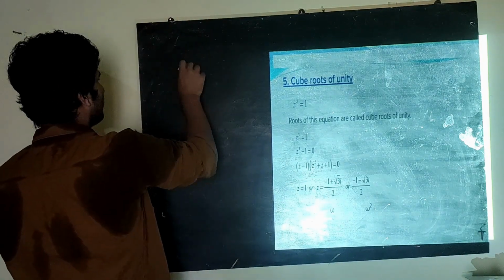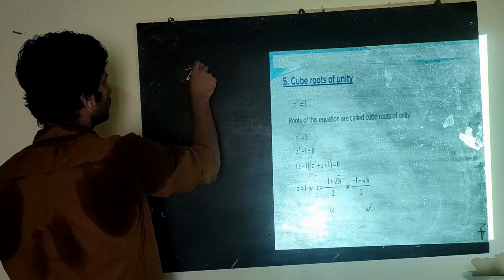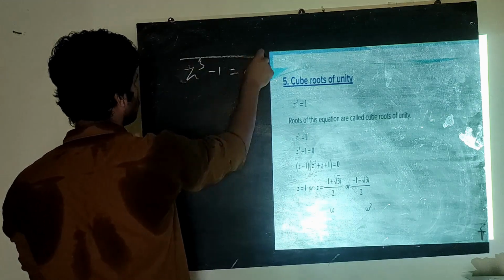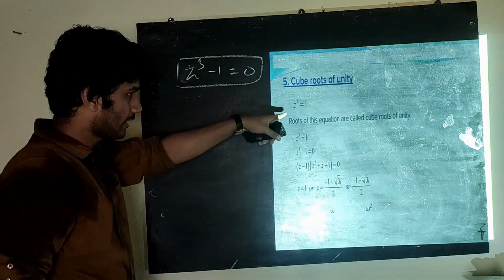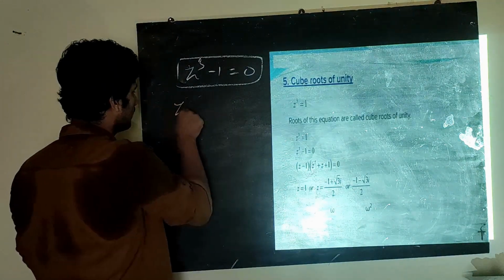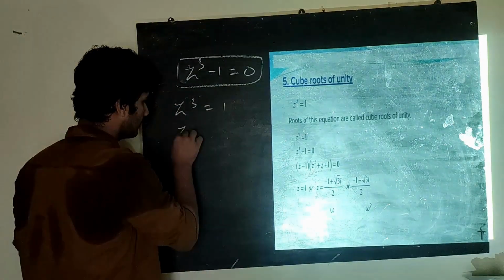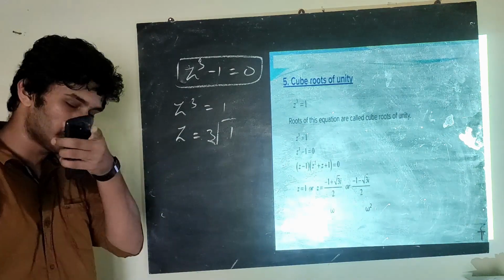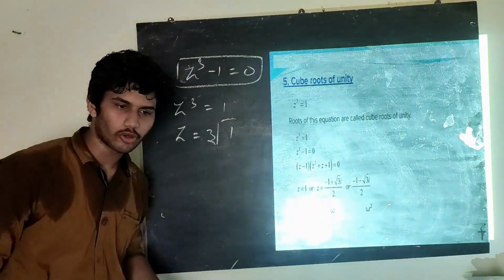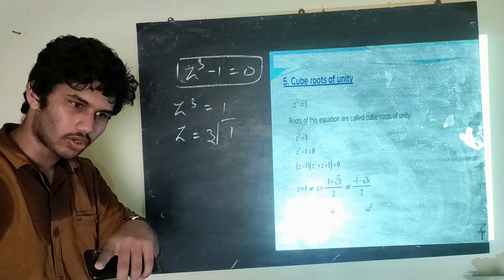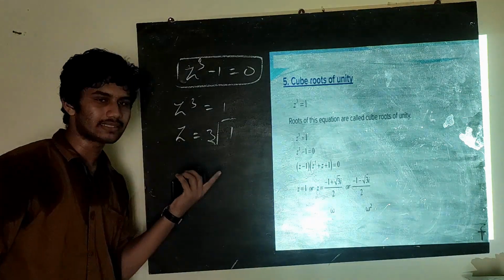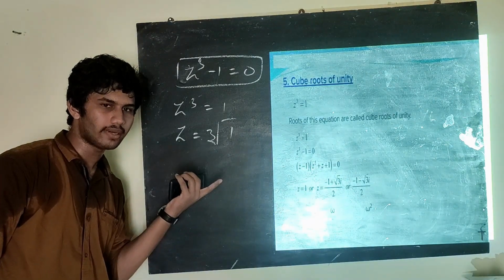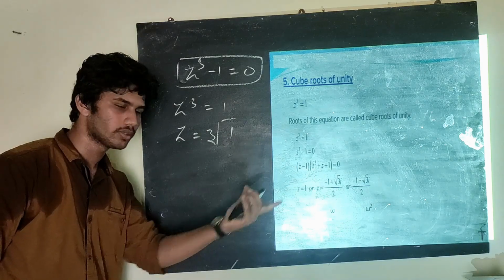If I say that Z cube minus 1 is equal to 0, Z cube is equal to 1 and Z is equal to cube root of 1. Z is a complex number. So the root of this equation is cube root of 1. But the roots are not over. Z is complex, so it can have a real root as well as imaginary roots.